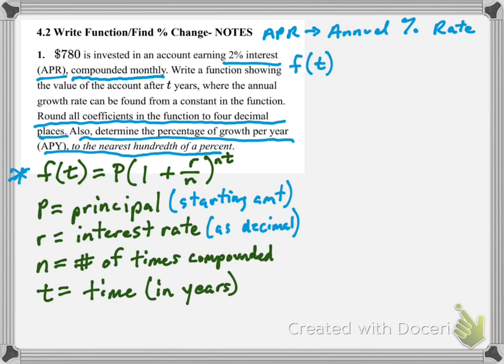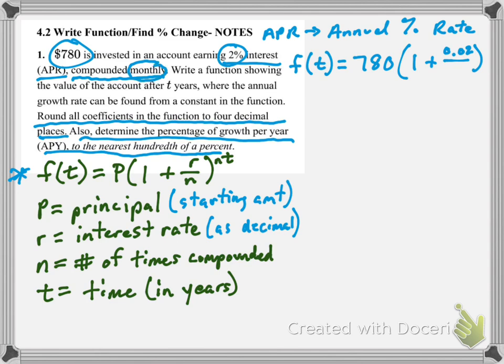So f of t equals, P is the principal. We started with $780 times 1 plus, okay, R goes on top. So the interest rate was 2%, but we have to write that as a decimal. So that's 0.02 over N, which is the number of times compounded.